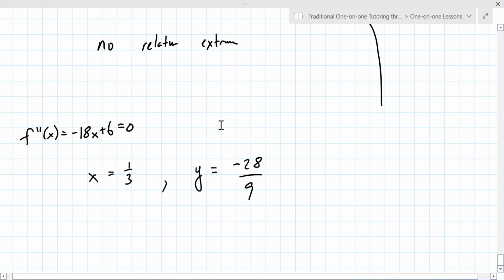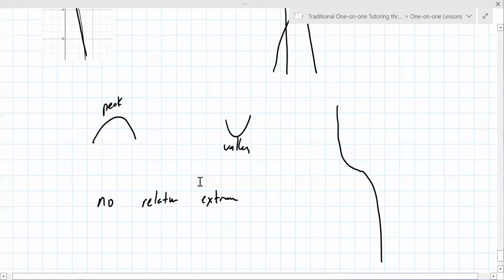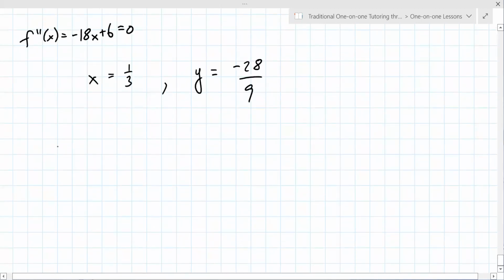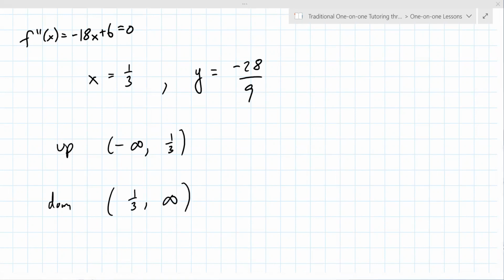Now we can go back and do concavity. If you look at the graph again, it's concave up from minus infinity to that inflection point at 1/3, and concave down from 1/3 to infinity.